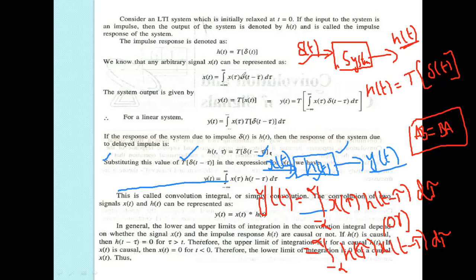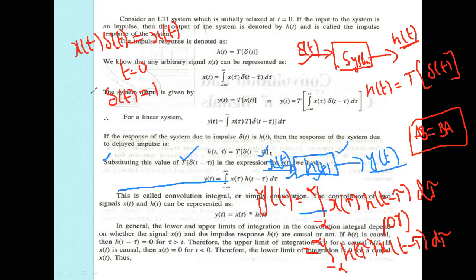Why am I taking tau here? x of t delta of t is equal to x of 0, because at t equal to 0 only, delta of t is equal to 1.